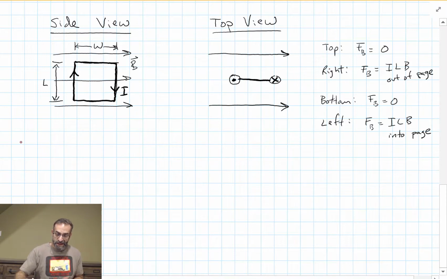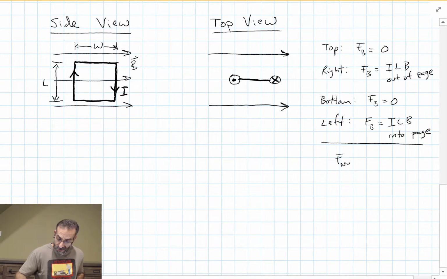We've already done this in the previous example, so I'll just fill in real quickly. The force on the top and the bottom are 0. And the force on the left and right sides are equal to I L B. The right side is out of the page, the left side is into the page. And of course, that left us with a net force of 0.